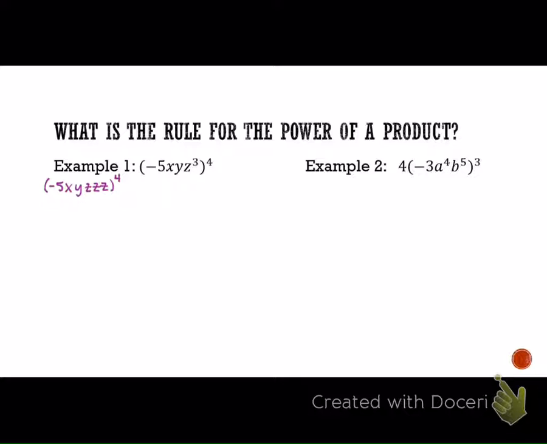We're going to figure out what the rule is together, rather than just me telling you the rule. So I'm going to do that 4 times, because that's what the exponent on the outside says.